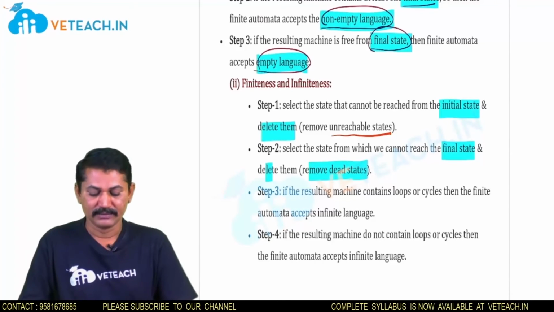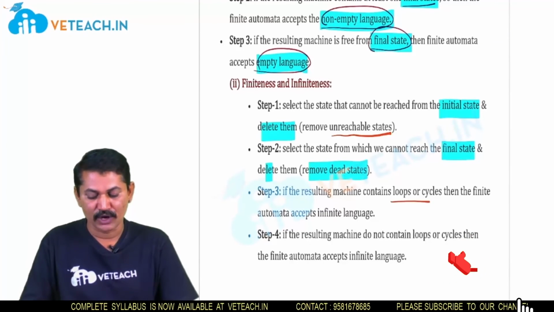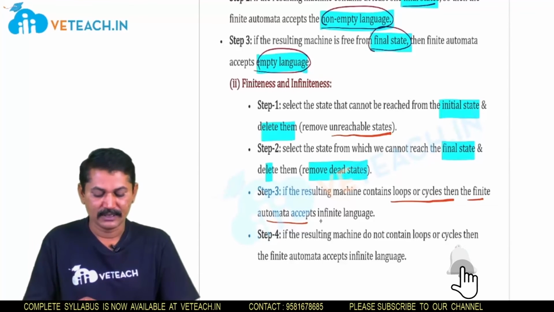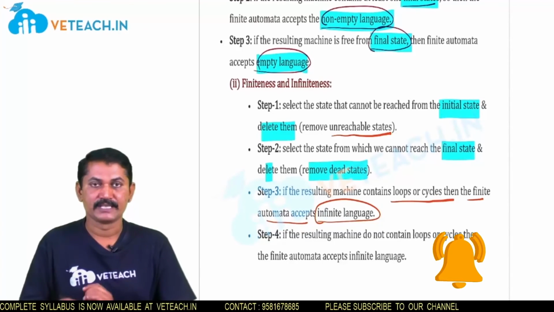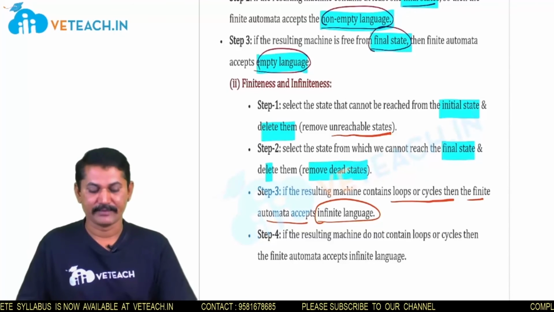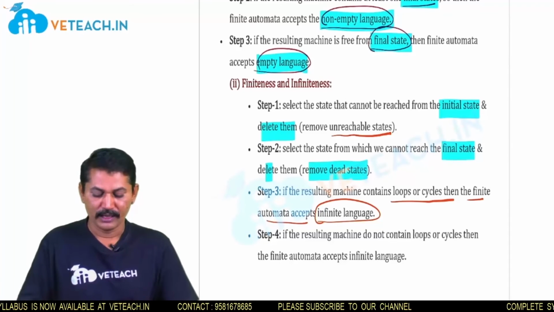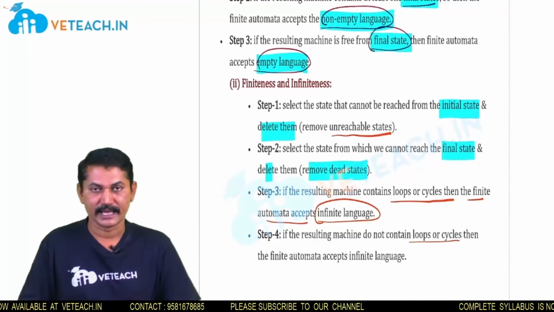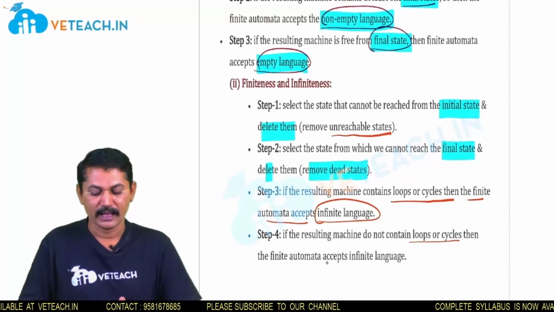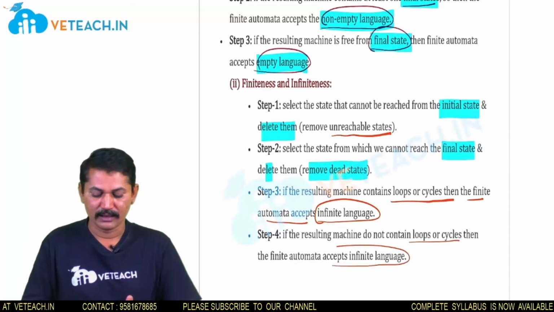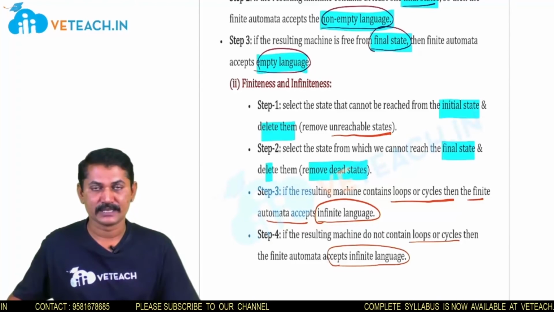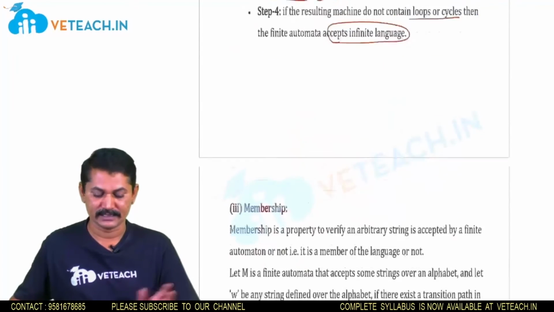Step 3: if the resulting machine contains loops or cycles, the finite automaton accepts an infinite language. Step 4: if the resulting machine does not contain loops or cycles, then the finite automaton accepts a finite language. These are the four steps under finiteness and infiniteness.